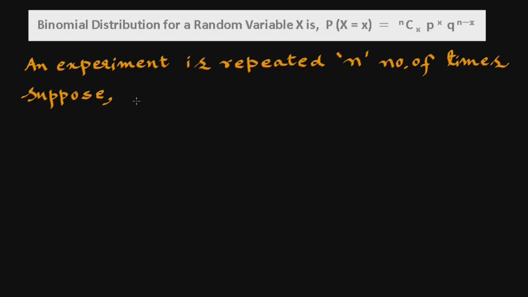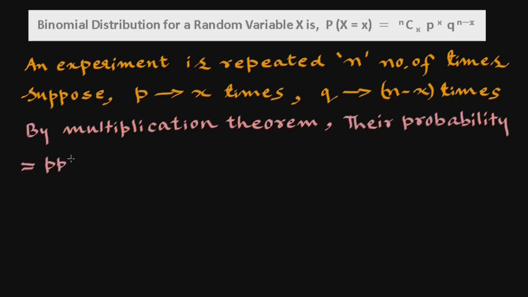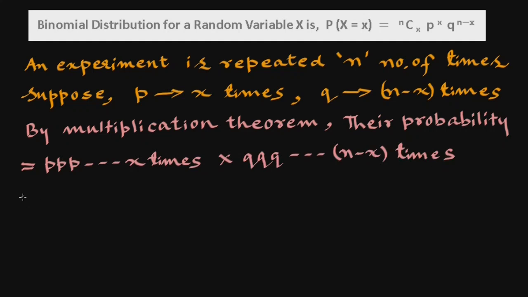Suppose an experiment is repeated n number of times, and suppose P occurs x times, naturally Q will occur n minus x times. So by multiplication theorem, their probability will be P into P into P x times multiplied by Q into Q into Q n minus x times, which will be P raised to x into Q raised to n minus x.